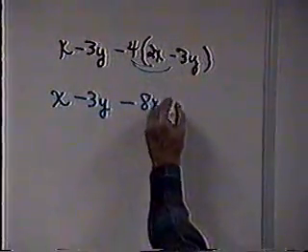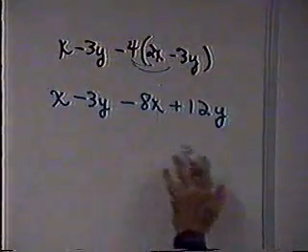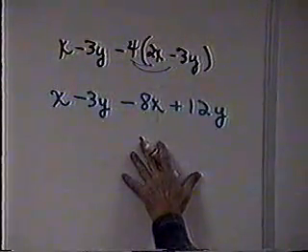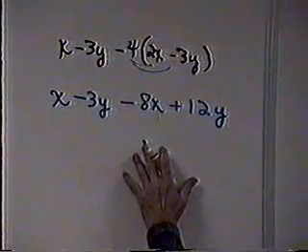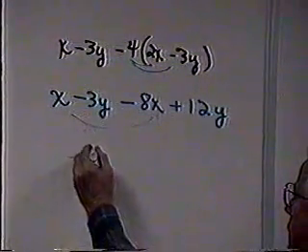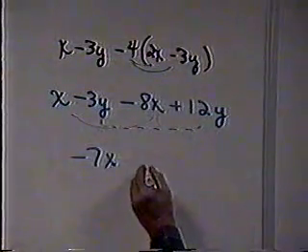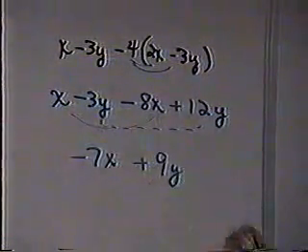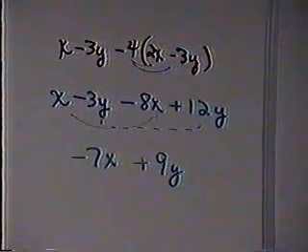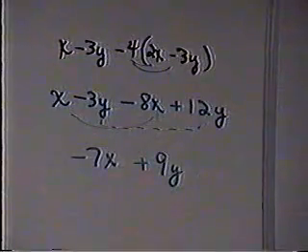This times that is a plus 12y. And now we have all parentheses removed, powers removed. Now we add apples to apples, oranges to oranges. X's added to x's, minus 7 of those. Y's to y's, plus 9 of those. Okay. See how simple this is?